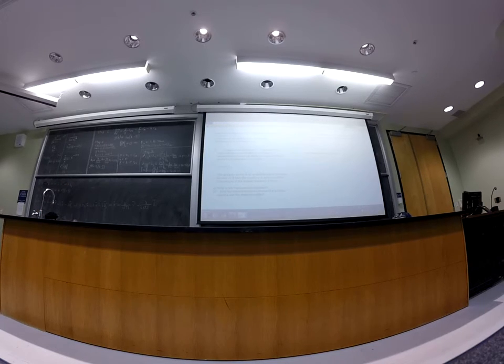Slow down. 3s plus 1 y prime bar equals 4x prime bar e to the minus 9s, or y prime bar equals 4 over 3s plus 1 times x prime bar times e to the minus 9s.